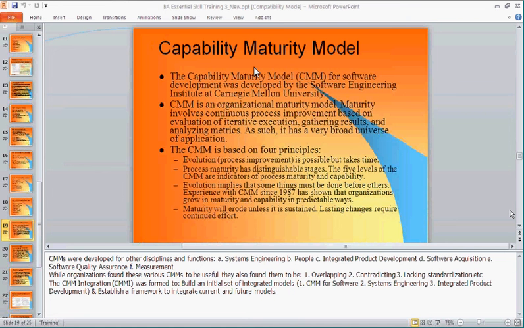And you couldn't just apply them for one project. So what Carnegie Mellon did was they integrated the model. They integrated all these, and they came up with their integrated model, which is called the CMMI.